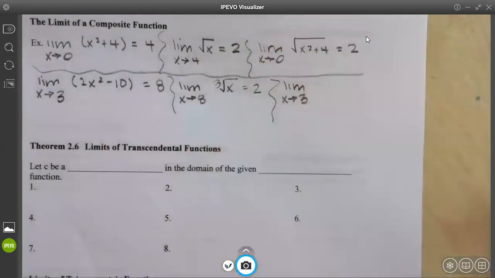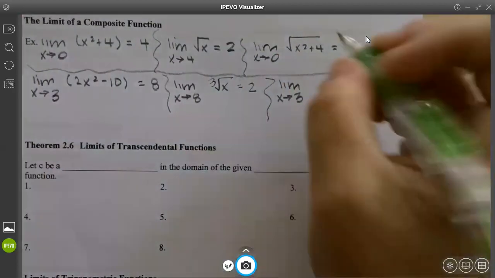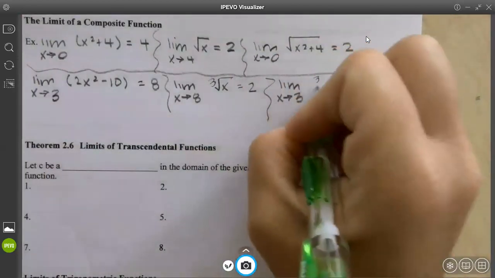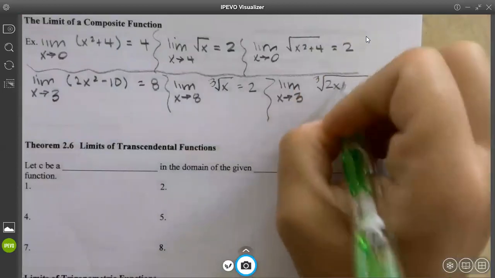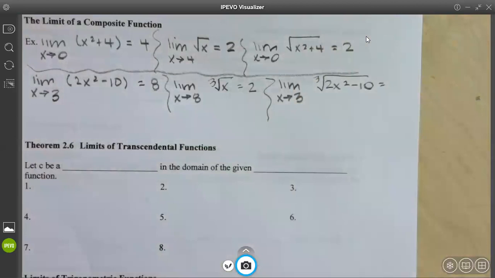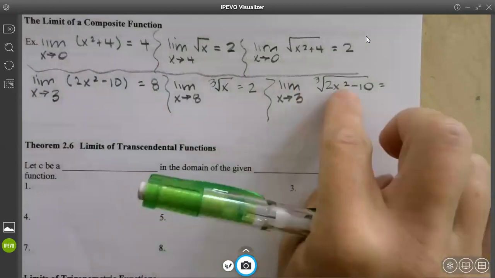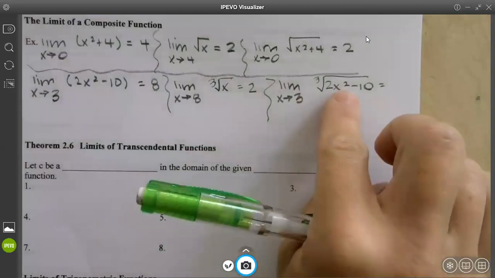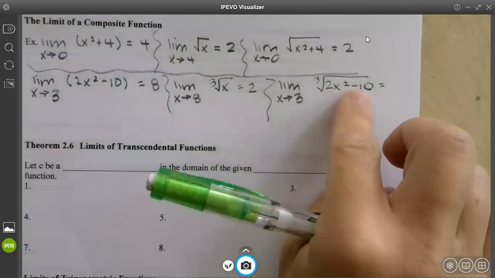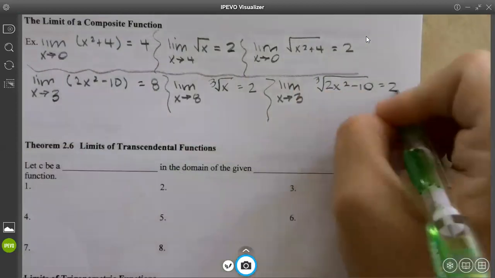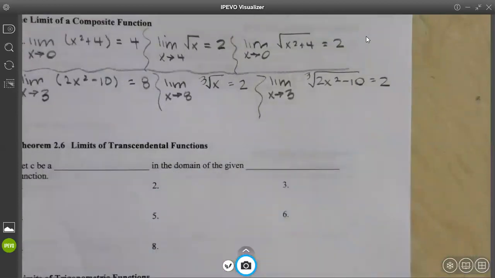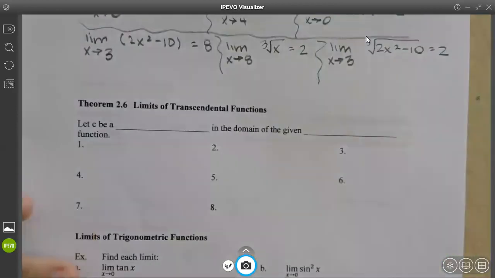And then the very last one, the limit as x approaches 3, we're going to plug them into each other. The cube root of 2x squared minus 10 is equal to, do that direct substitution, 3 squared is, times 2 is, minus 10 is, cube root of 8 is 2. So this is just them trying to do, like if I went back and said f of L. So you could do that, but I feel like direct substitution is a lot easier than trying to use the properties, if that makes sense. Okay. So why make it more complicated than it needs to be?